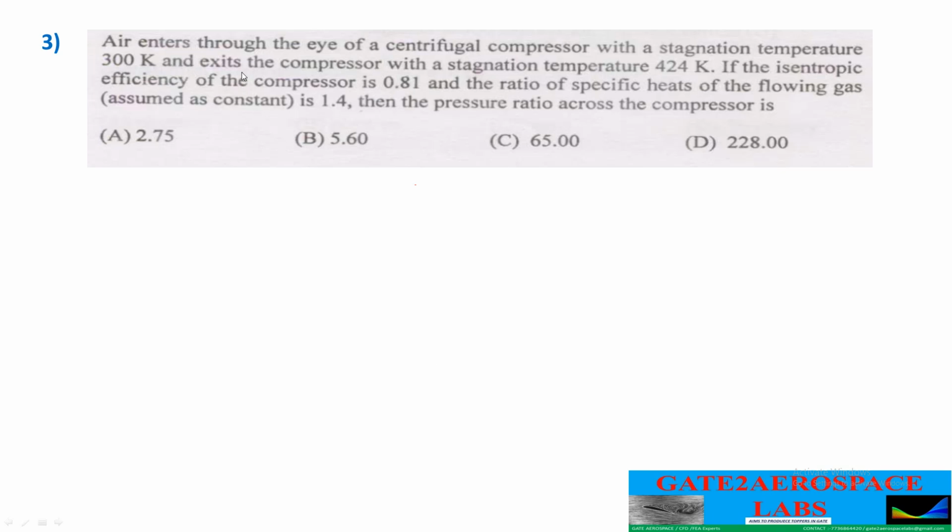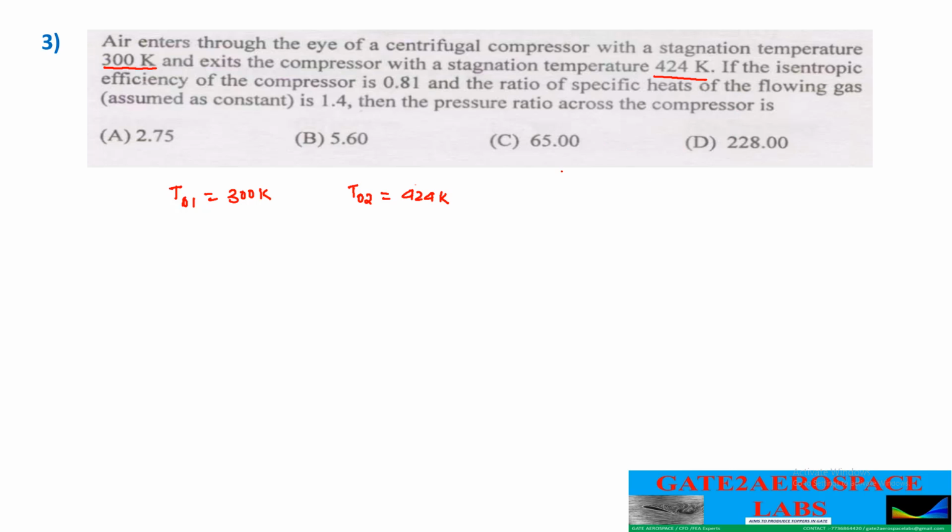See, in this problem, air enters through the eye of a centrifugal compressor with a stagnation temperature of 300 Kelvin. The entrance stagnation temperature is given, and it exits the compressor with a stagnation temperature of, so you have T01, that is the entry stagnation temperature, as 300 Kelvin, and at the exit it is 424 Kelvin.